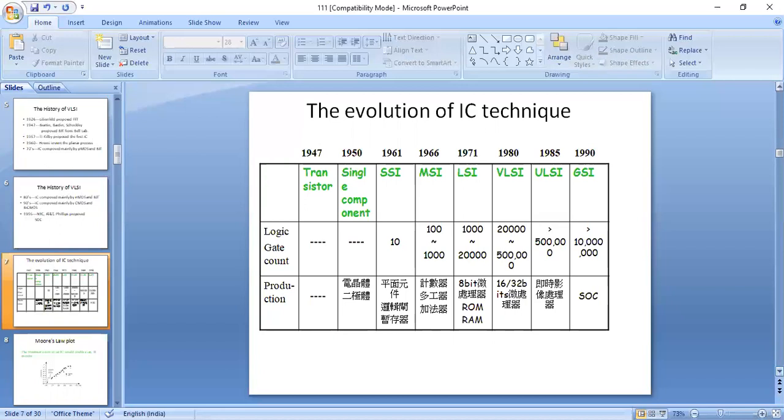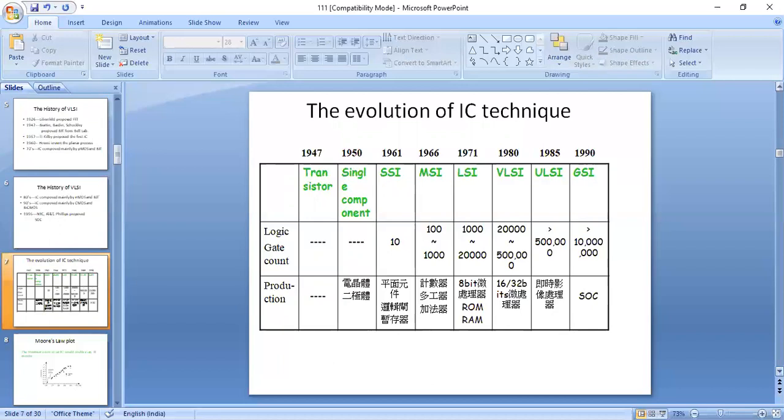A good example for this kind of chip is the 7400, 7402 for launching our logic gates, right? Only 4 logic gates can be available from the era of SSI, so within small scale integration, we can accommodate only 10 transistors or logic gates.